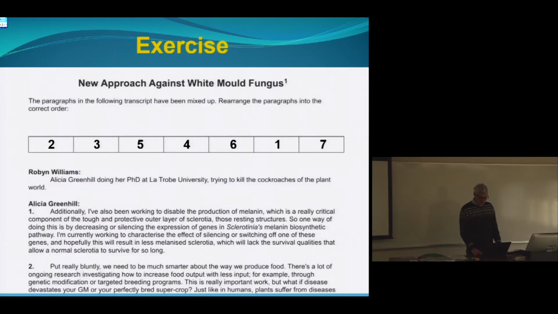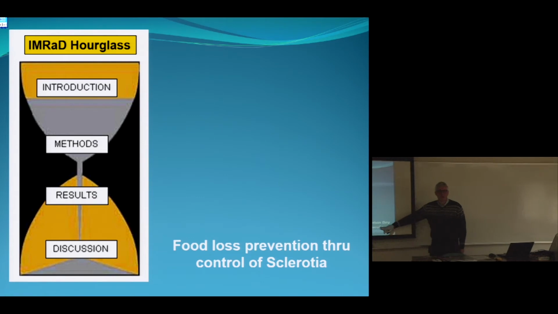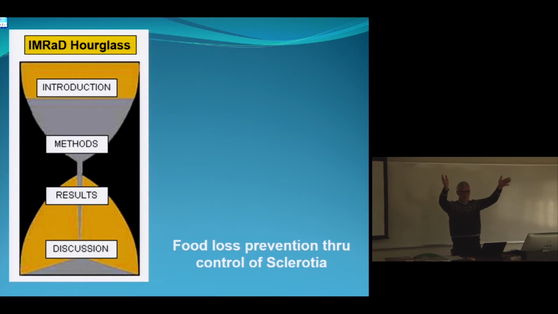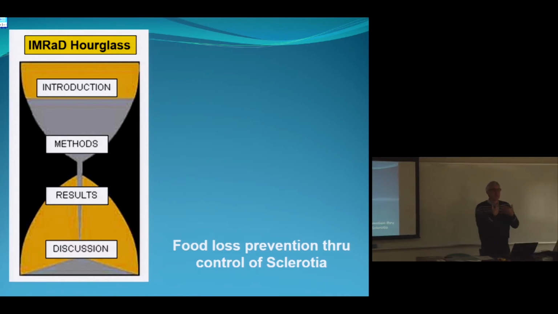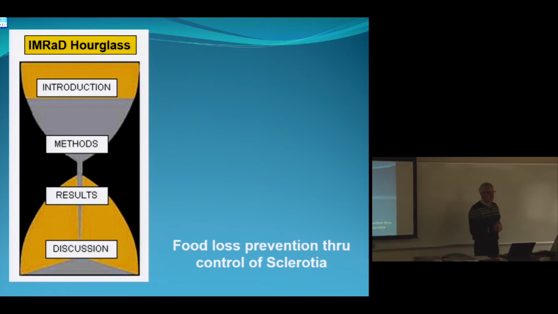And so, in the final one, they looked at paragraph number 7, and they looked at food loss prevention through control of sclerotinia. Okay. So first they showed you food loss is important, sclerotinia has very important economic consequences for food loss, sclerotia is one of the toughest parts of that cycle, and then we looked at the genes, how can we control those, and so in the future I think, or we think, we can develop a method to reduce food loss by controlling sclerotia of the sclerotinia life cycle.